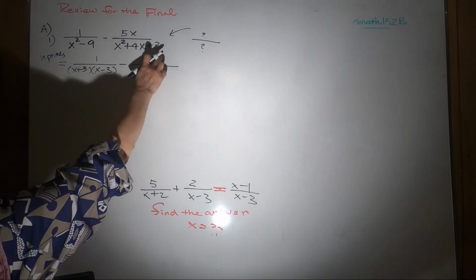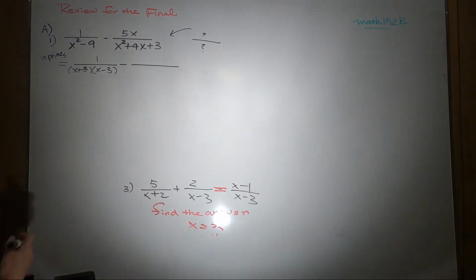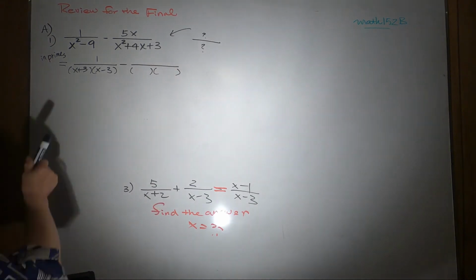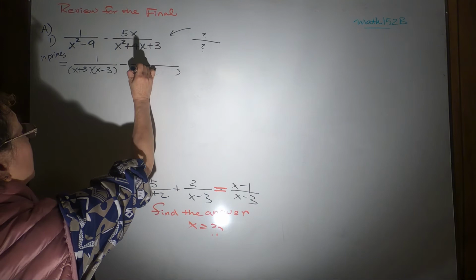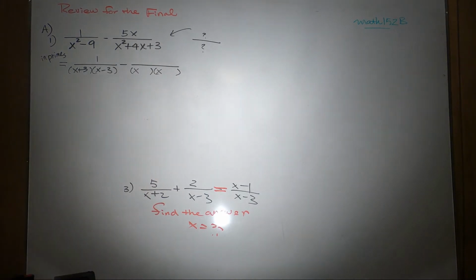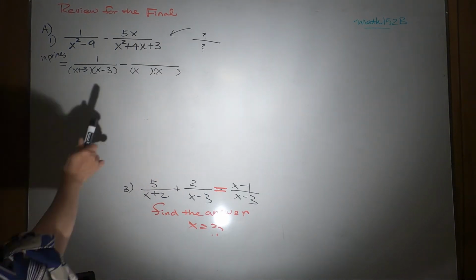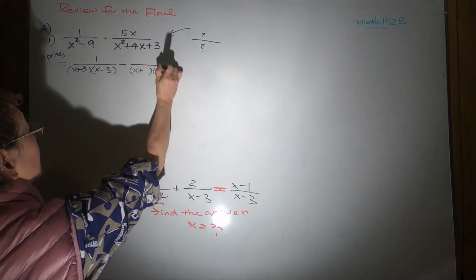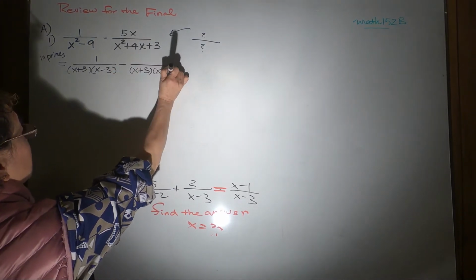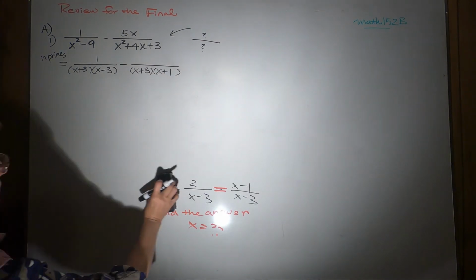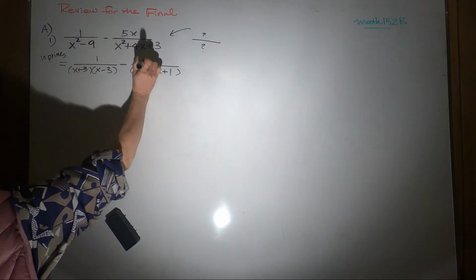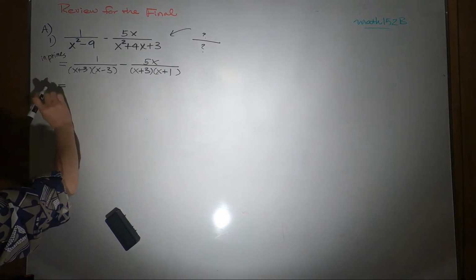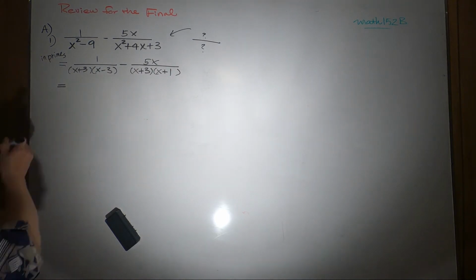Then this one, a trinomial, how do you break it down? AC method. But the leading coefficient is 1, so you can just do x and x there. Then two numbers multiplied together give 3 and added together give 4. That would be 3 and 1, right? So that's your prime forms for the denominator.